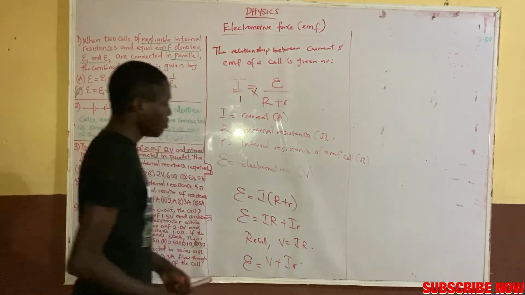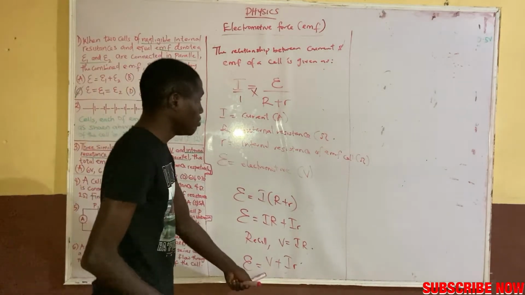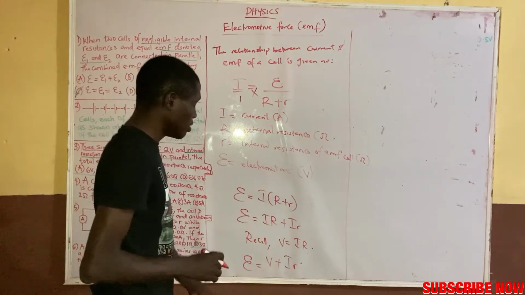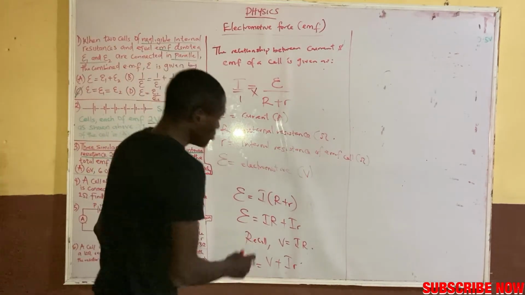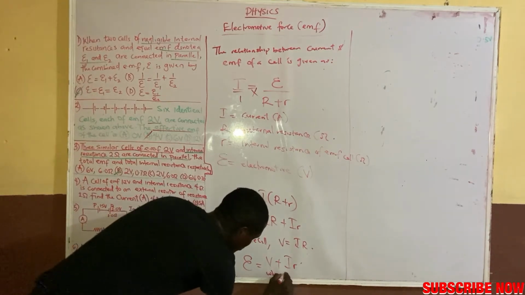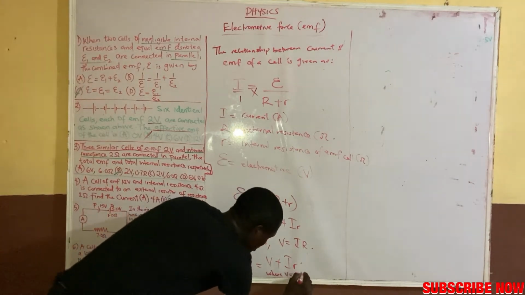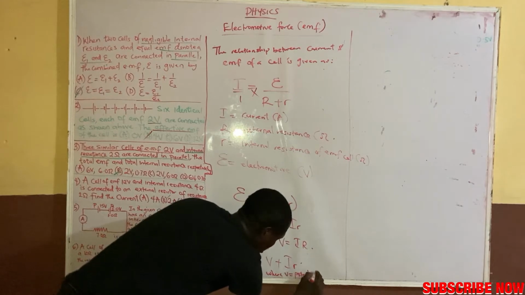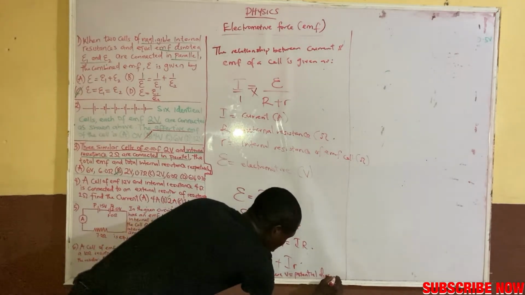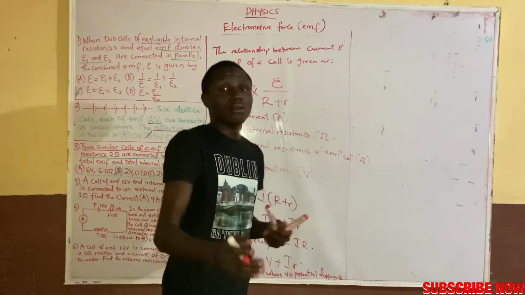As you can see, we have V here, which is the potential difference across the terminals.